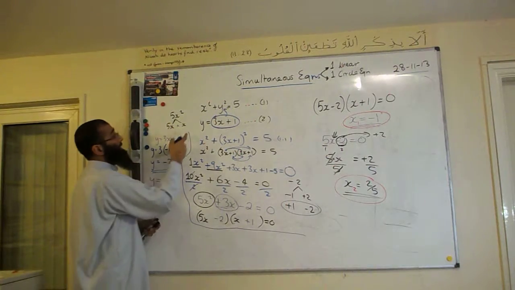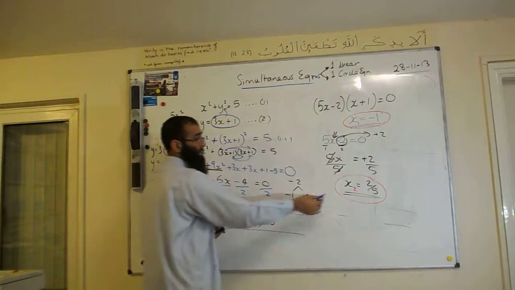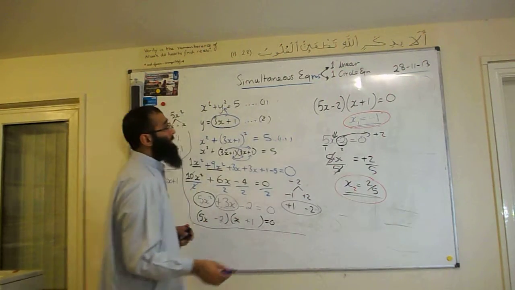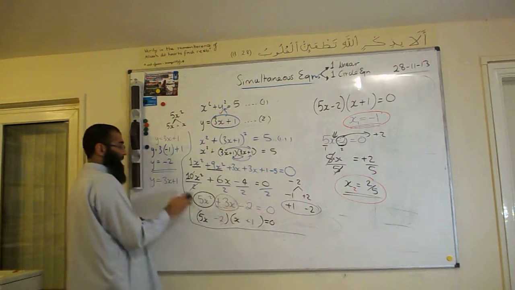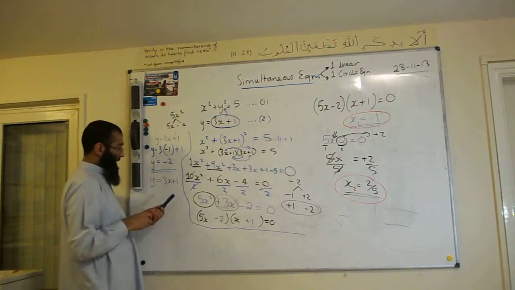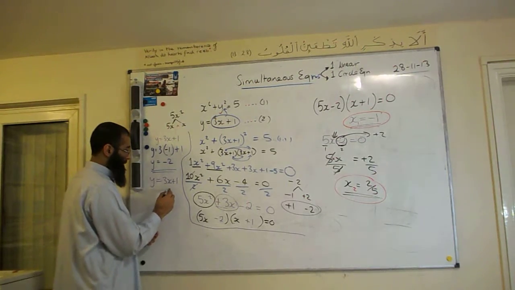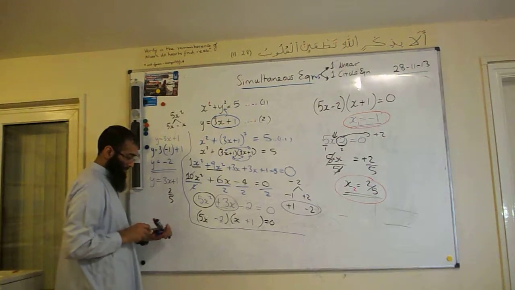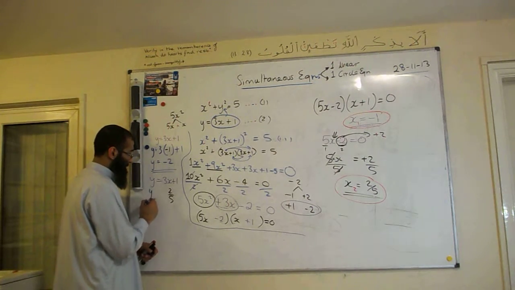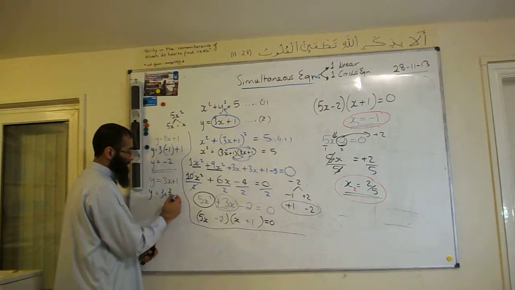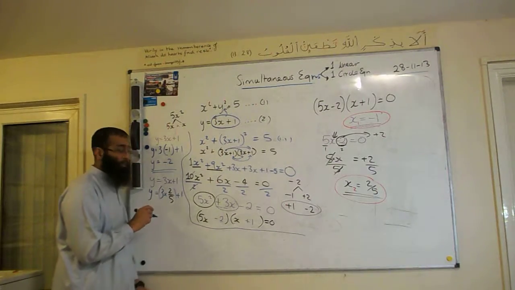Okay, now here comes the second substitution. So we're using the same equation again. It's equation number 2. y is equal to 3x plus 1. So the second x value was 2/5. Okay, so we're going to put 2/5 into here. I'm going to grab this 2/5 from here, pull it down and put it into here. So now we have y is equal to 3 times by 2/5 plus 1.